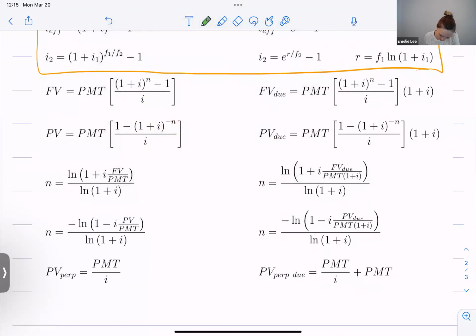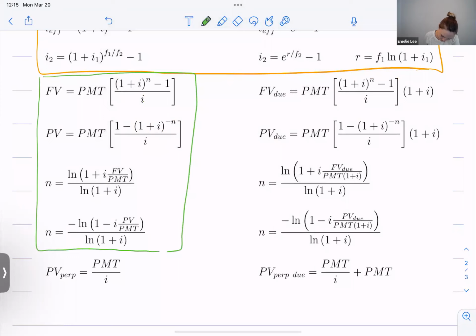This side here, all the way down to the perpetuity. And you know what? I can't remember if we introduced perpetuities in chapter 6 or chapter 7. Perpetuities are super fun because you get payments forever.